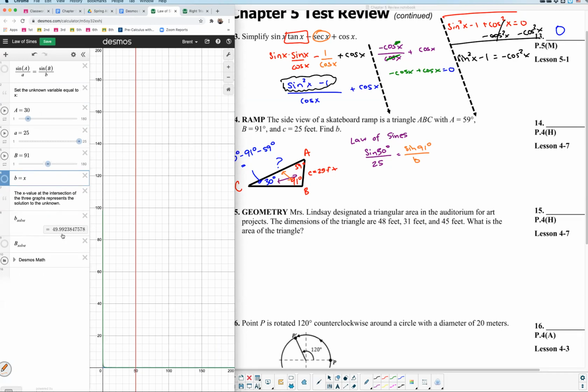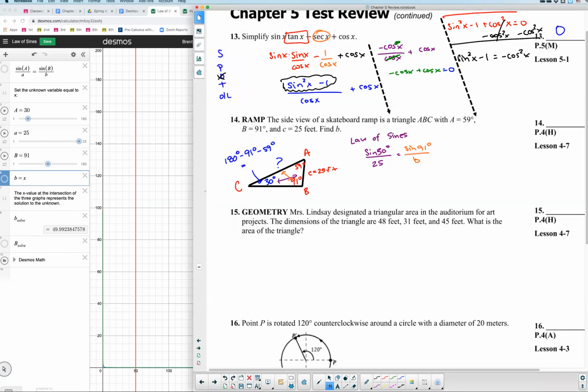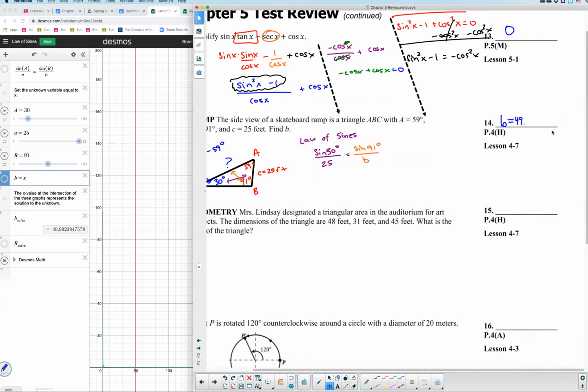We were rounding to the nearest thousandth earlier. This doesn't say, so I'll go nearest thousandth. B is approximately 49.992. I'm running out of space. Let me see if I can slide over. Yeah, I can. 49.992, and we're in feet. And so that would be my solution.